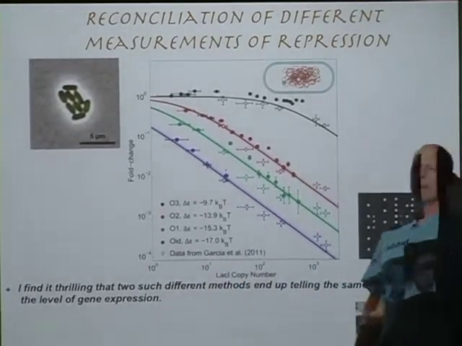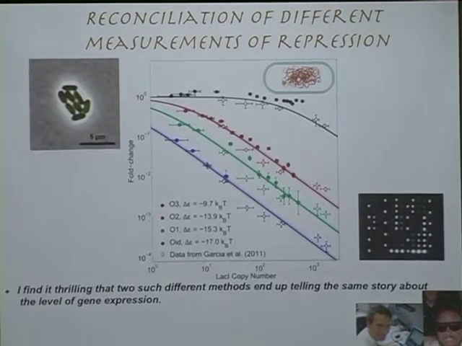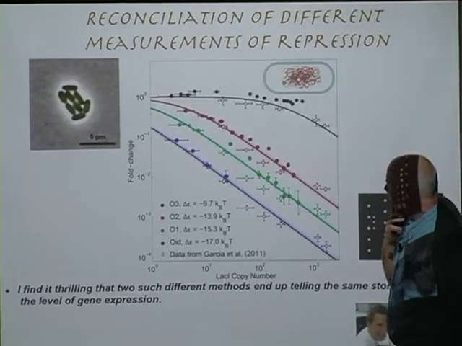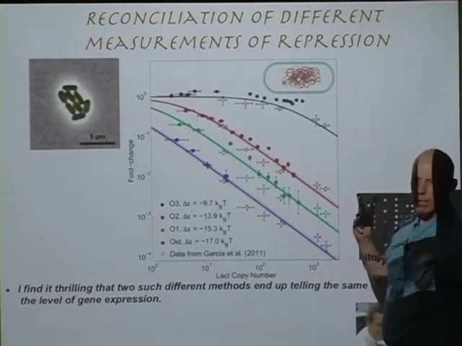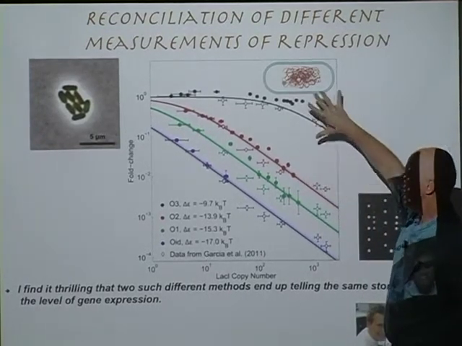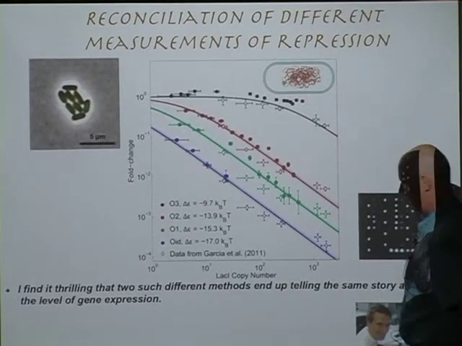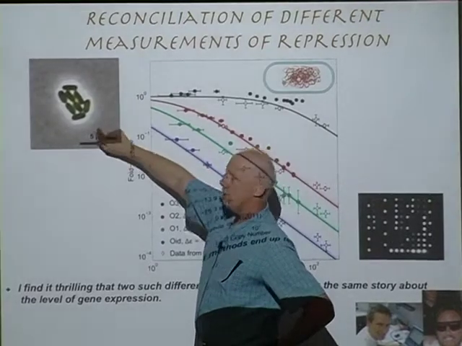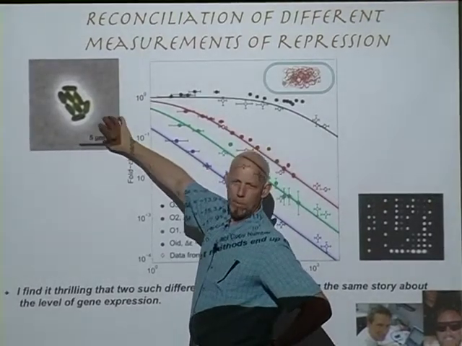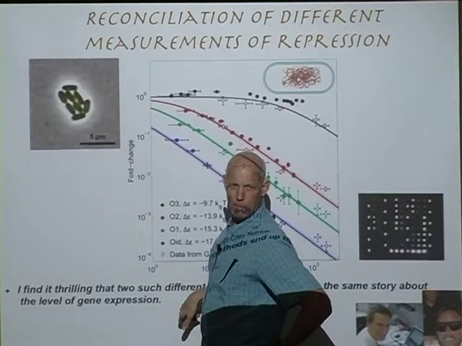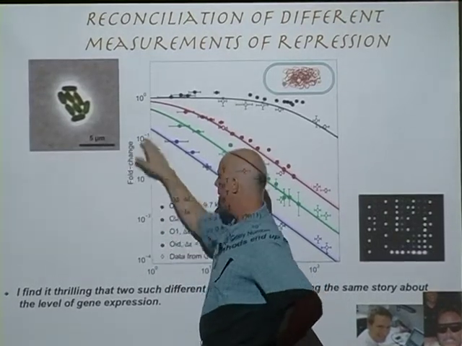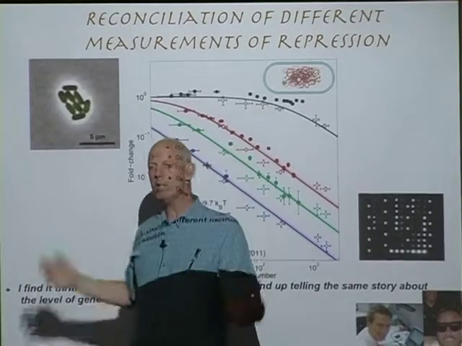And by the way, for whoever asked me about fitting parameters, here what you're seeing is the two methods. This is basically a graph that merges this methodology and the partitioning methodology. And this one has no free parameters. You just figure out how many repressors there are, you measure the fold change, you plop it down. In other words, there's no fit to do.